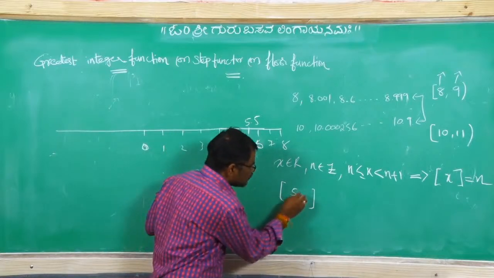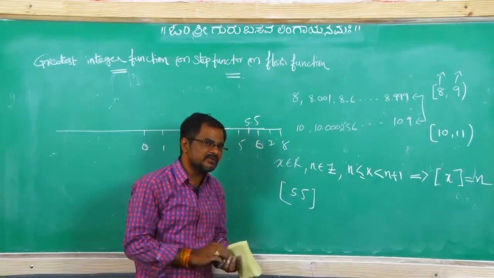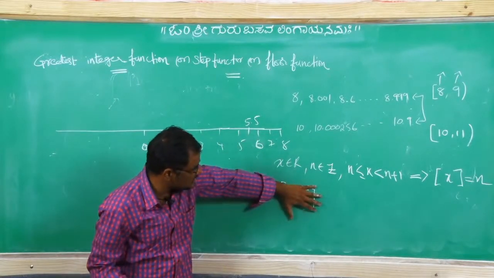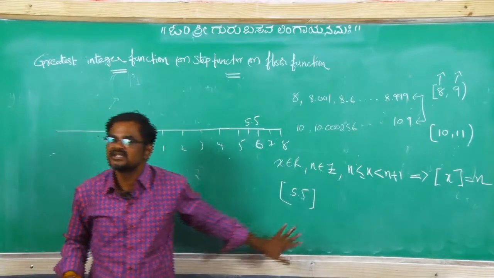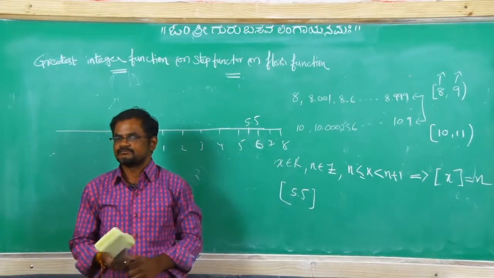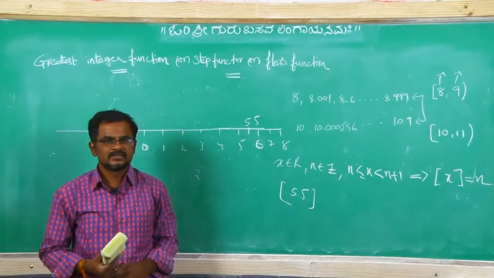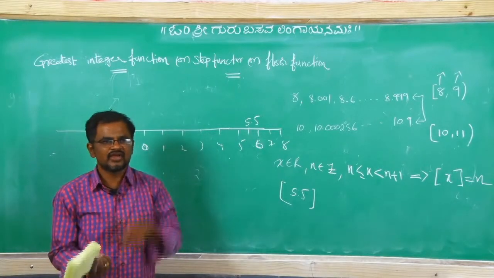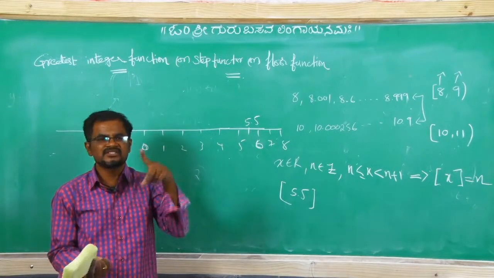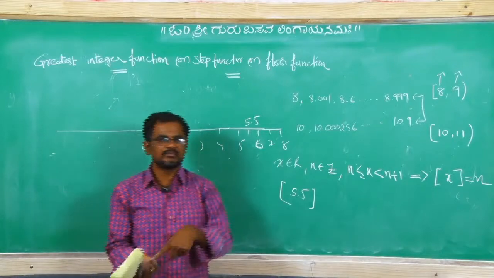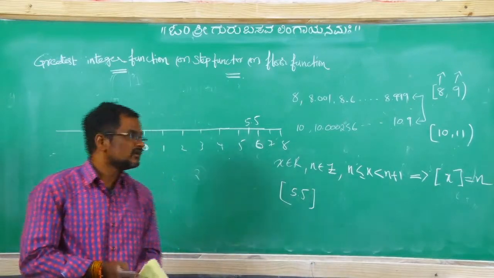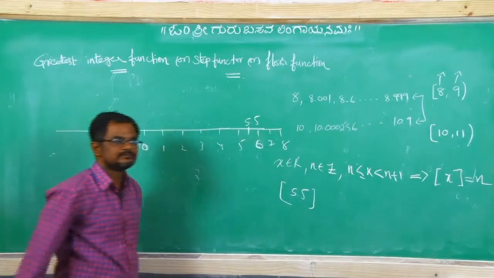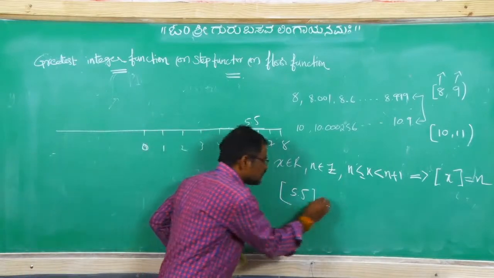So for 5.5, what is the integer? Means in this one, what is the integral part? That is what is being asked. The integral part is 5. We know that. Means 5, 5.1, 5.2, 5.3, 5.4, etc., up to 5.9. Anyone you take, the integral part is 5 only. But why is it called the greatest integer function? 5.5 is there, no? Integral part is 5, right?